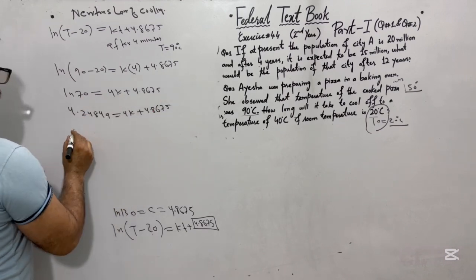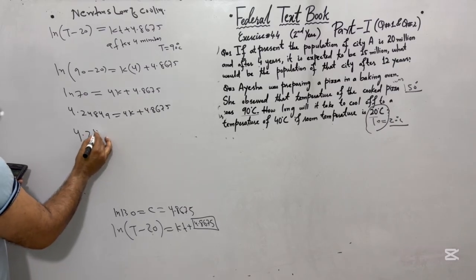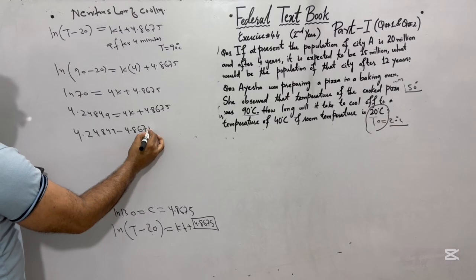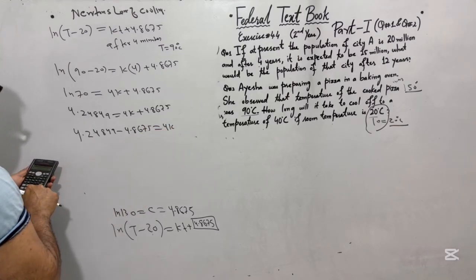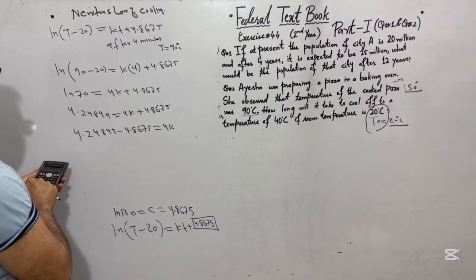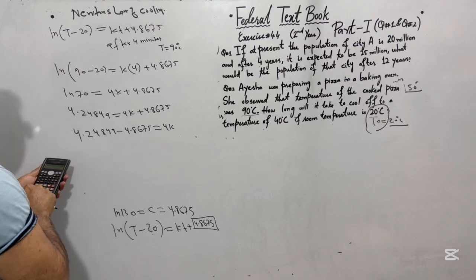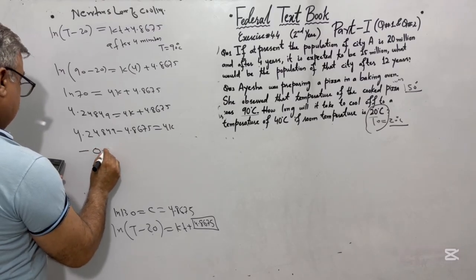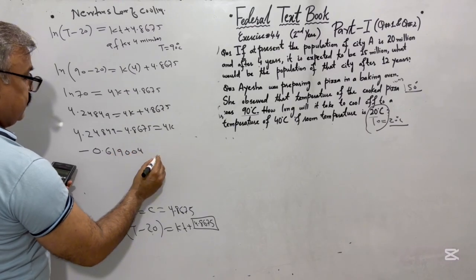Shift 4.8675 here to find K. We are solving for K. 4.248 minus 4.8675 is equal to 4K, which is equal to negative 0.619004, whatever the case is.